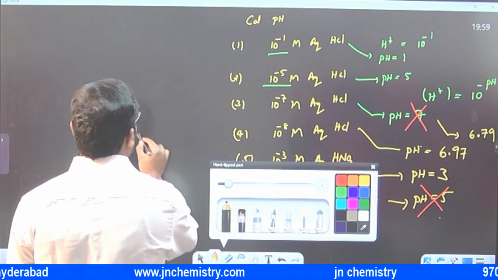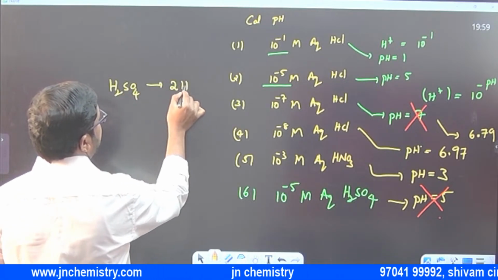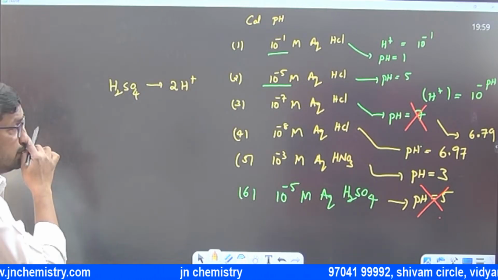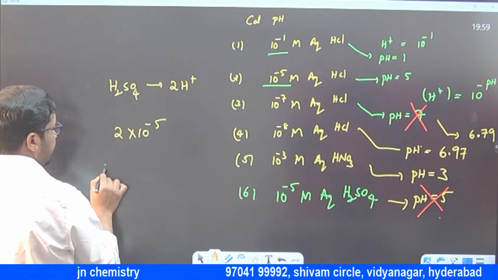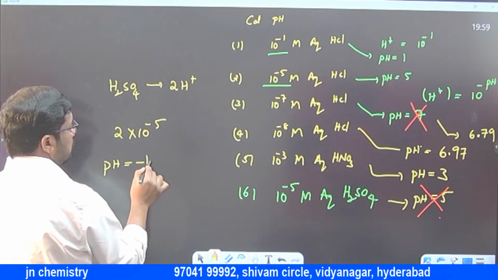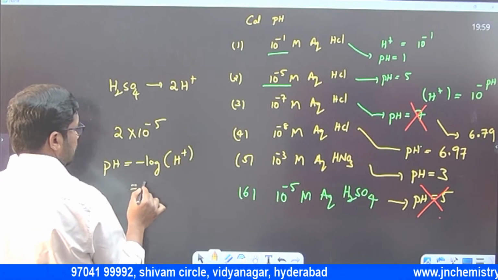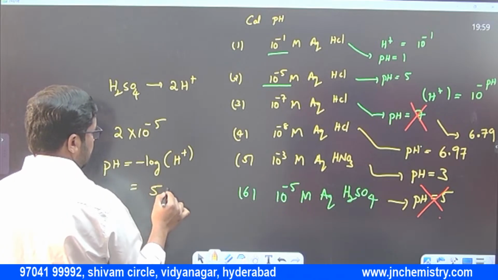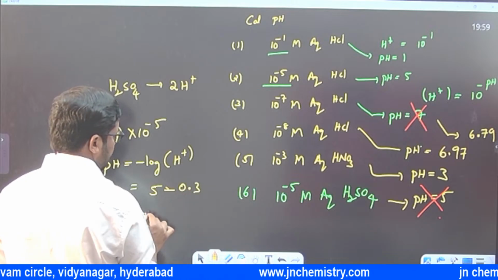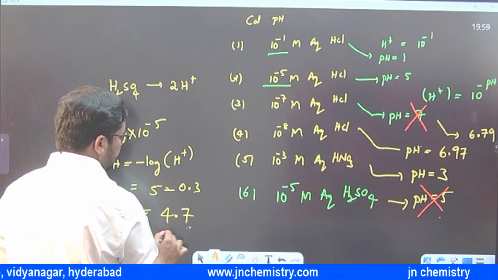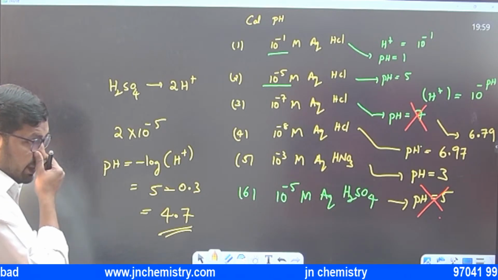Because H2SO4 gives rise to 2 H plus ions. 2 into 10 to the power of -5. So pH is equal to minus log of H plus ion concentration. Right? 5 minus log 2. Log 2 is how much? 0.3. So 4.7. Okay, not 5.